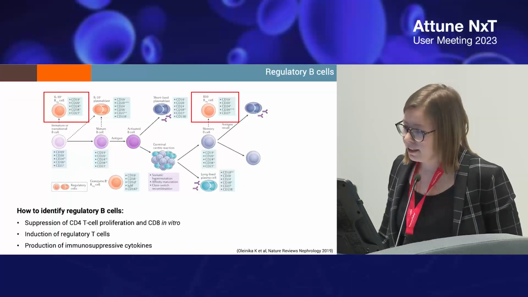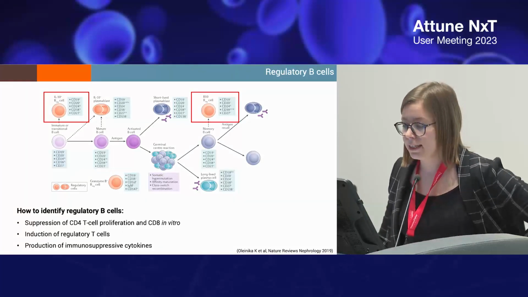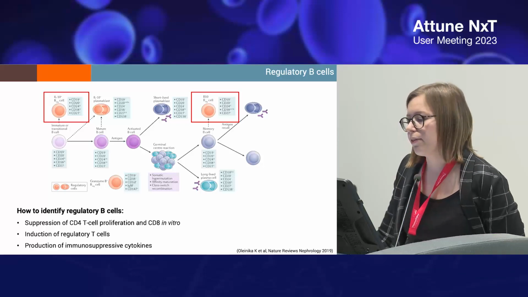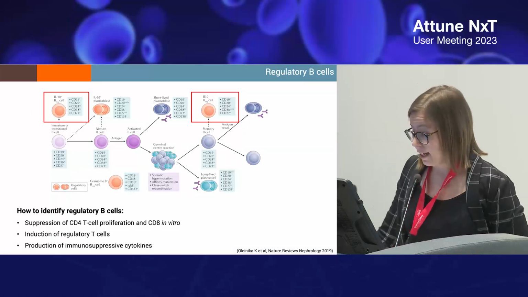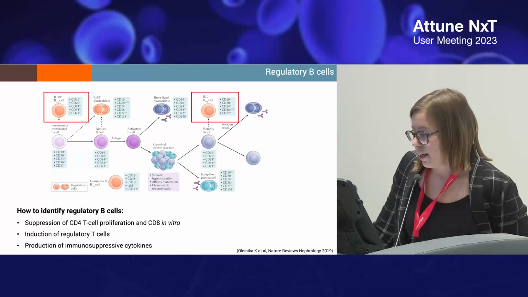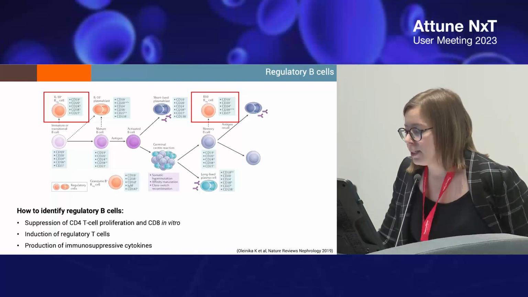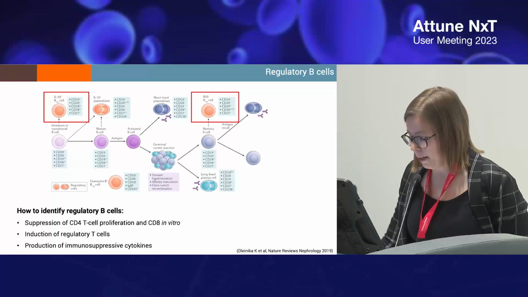As I highlighted here, you can find regulatory B cells among the immature or transitional B cells. You can find regulatory B cells among plasmablasts, as well as in memory B cells. And you can also have some different and more peculiar regulatory B cells, for example, these that express granzyme B.